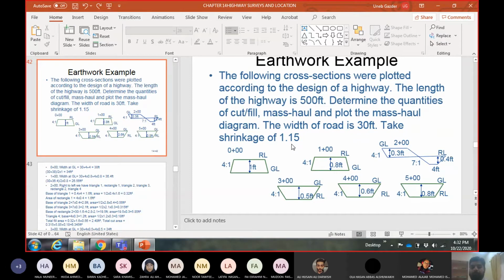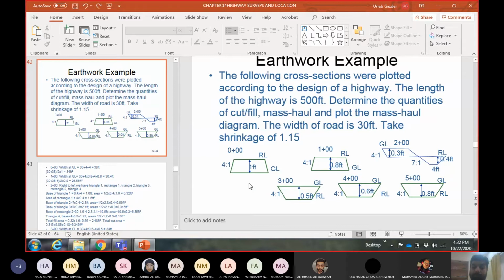Okay. Let us start with the calculation. As I was saying, there is no fixed formula for calculating the area of the cross section. You may have a different cross section at each station.